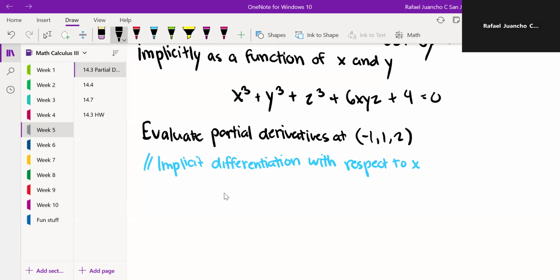So here x is a variable, y is a constant or fixed number, and z is a function. If we differentiate x cubed, well, we get 3x squared. Y cubed, that's a 0, so that's gone. Z cubed, well, that's a function, so we do the same thing: 3z squared, and then we chain rule this thing. Actually, we don't chain rule it.